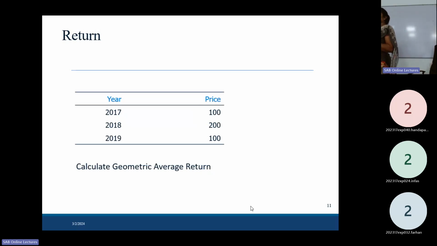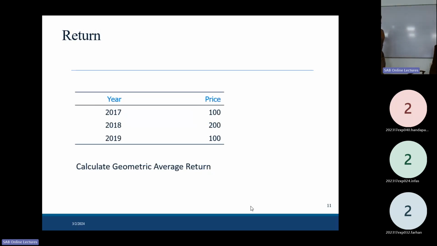What is the holding period return? Yes, it is zero. Correct.